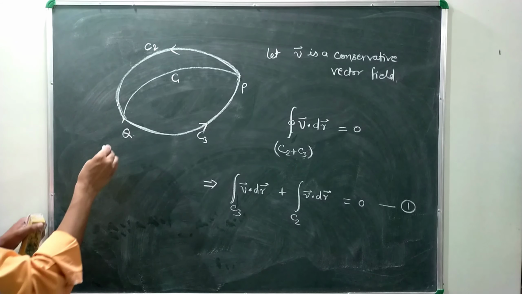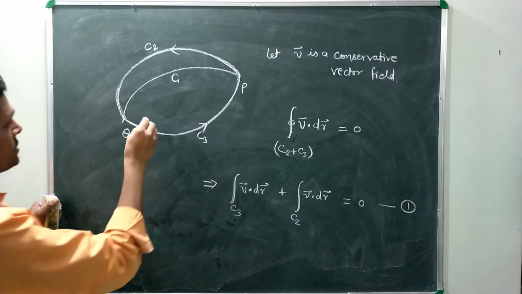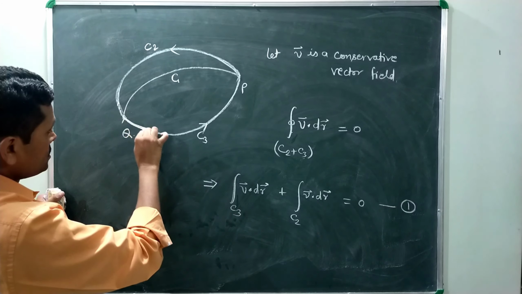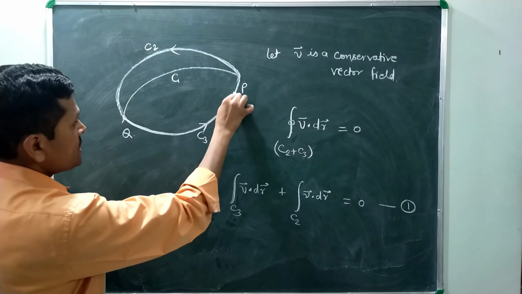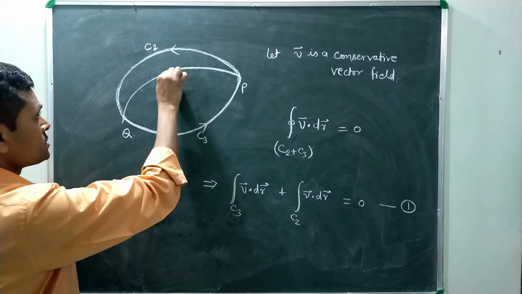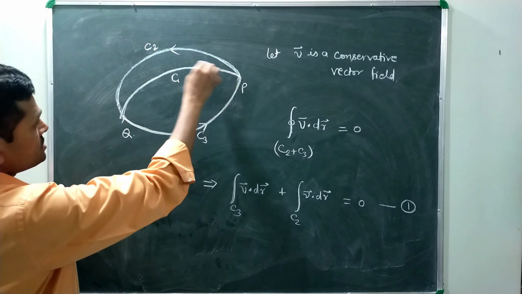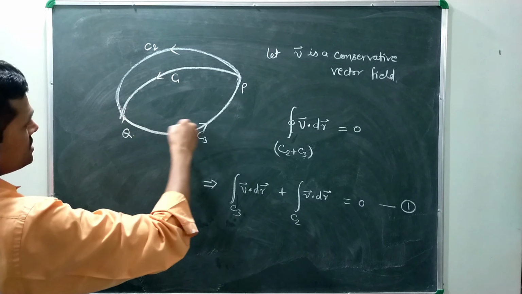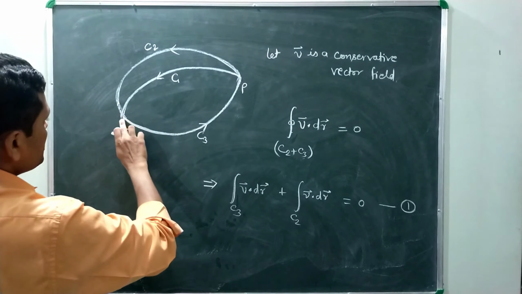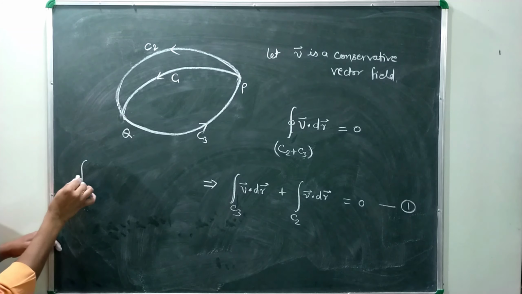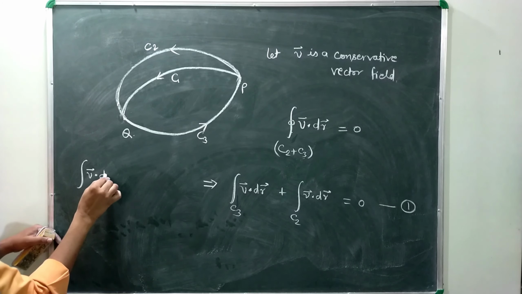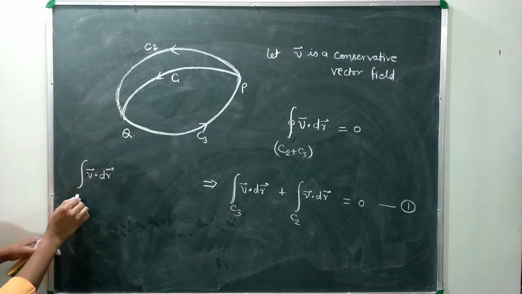Now once again we are considering the curves, but now we are considering the closed curve C3 plus C1. Here I am considering this closed curve. So in this closed curve also we will have the line integral of vector V dot dr along this closed curve, means C3 plus C1.